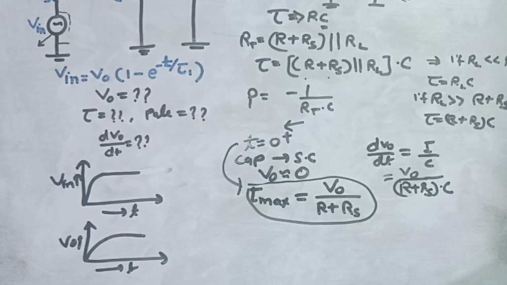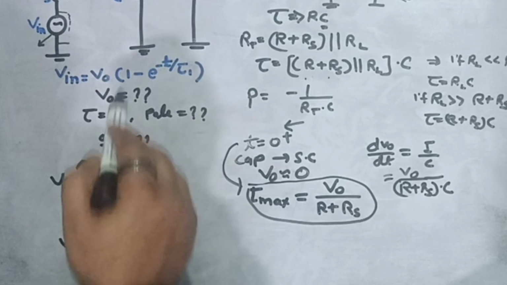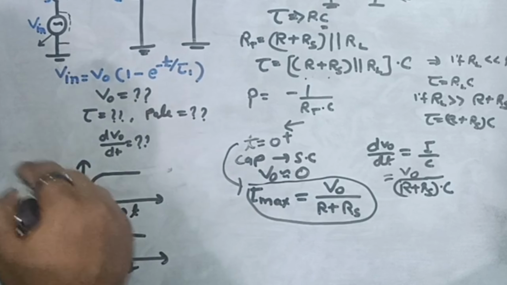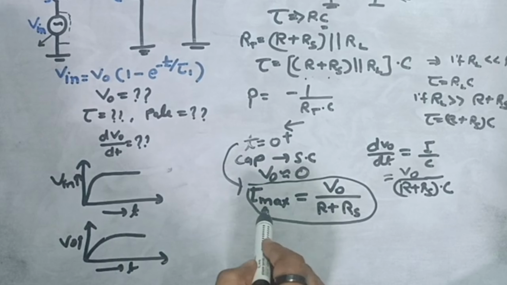So if you see the V out waveform, rise time of V out or the rising slew of this V out is limited because of the current here. Because during the initial phase at t equal to 0 plus time, capacitor is behaving as a short circuit, so whatever slew is getting limited, that is because of the maximum current available here.